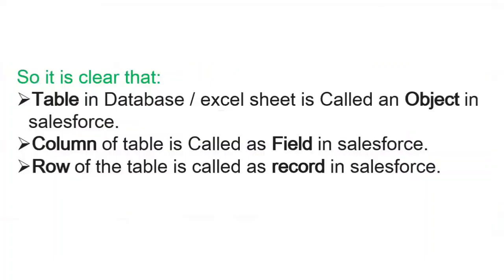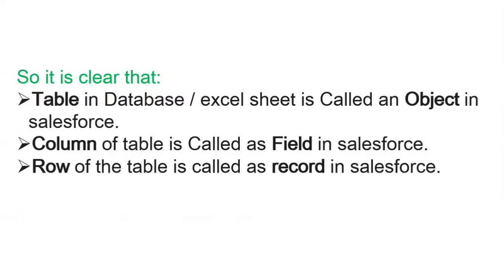So I hope this is clear: a table in a database or in an Excel sheet we call an object in Salesforce, a column of the table we call a field, and a row of the table is called a record in Salesforce.